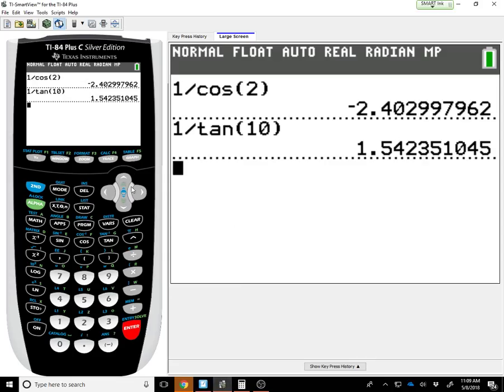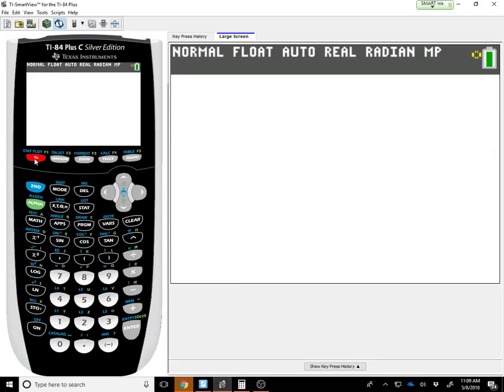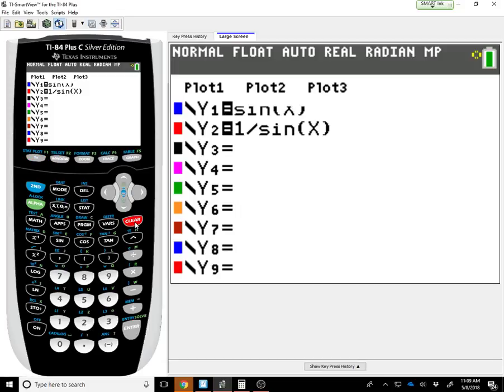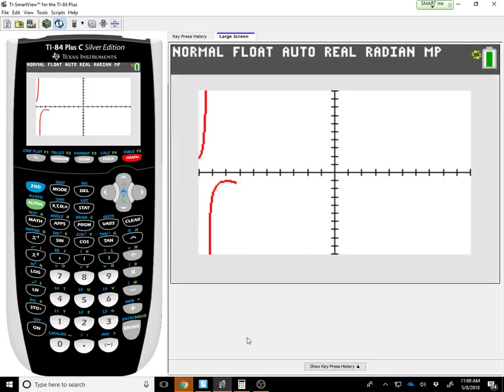Calculator time. Let's go to y equals. And I'm going to do it just like I would when I'm calculating. 1 divided by sine x. And the graph, see it? Do you need to switch it? I'm in radians, yeah.